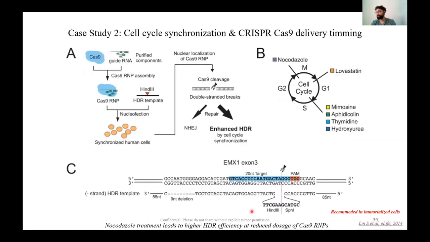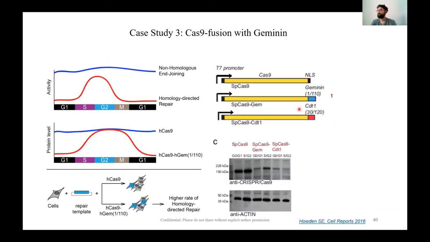Again, I would not recommend it, but it is an option for increasing efficiency, especially with nocodazole, right? Because this brings your cells into arrest, at least partially at G2, and synchronizes and releases them such that most of the cells are released in S phase in time, where the most HDR efficiency takes place.